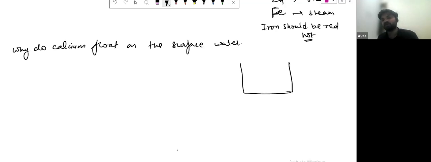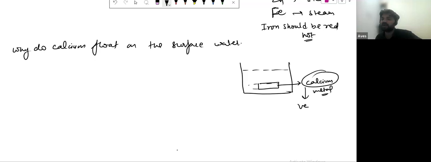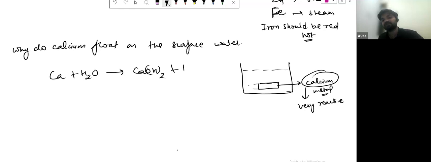For example, this is water. And what you have here is the calcium metal. Since calcium metal is very reactive, on reaction with water, it produces calcium hydroxide plus hydrogen gas.